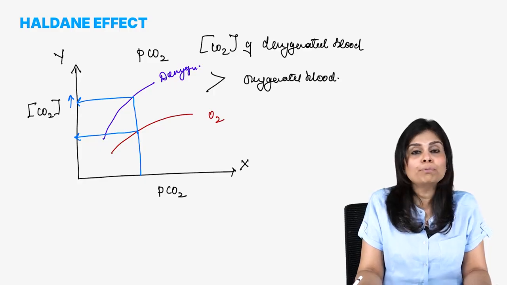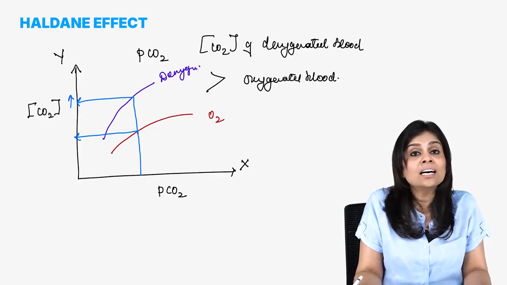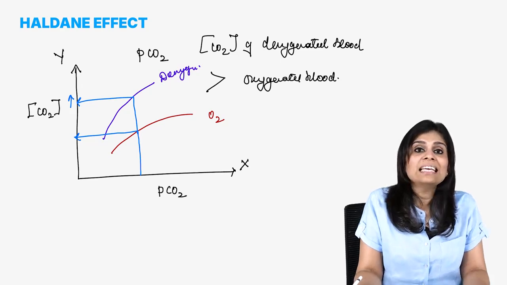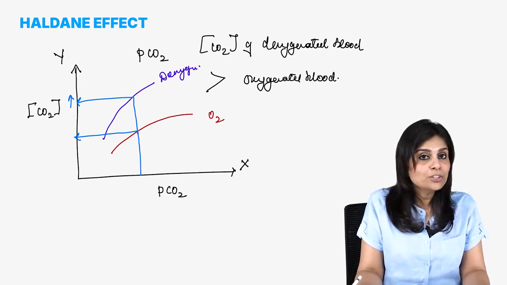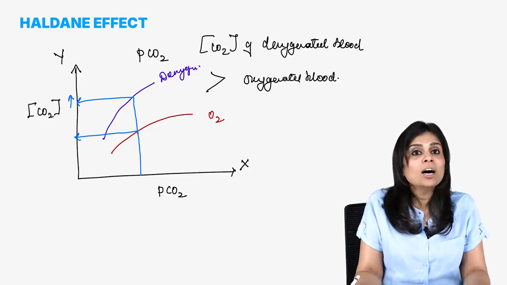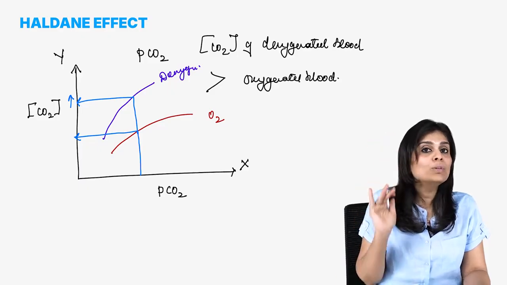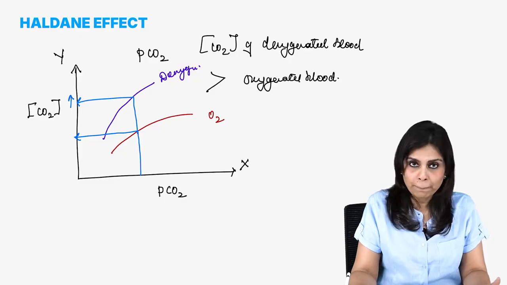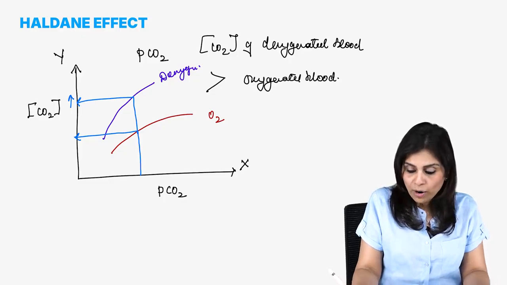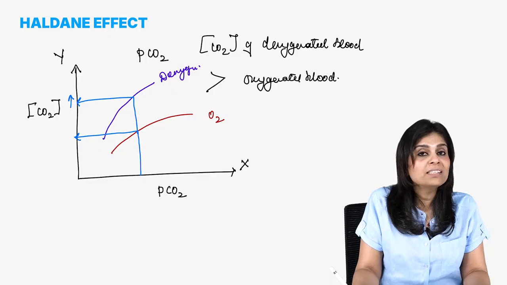Haldane effect is reciprocal binding of oxygen and carbon dioxide. What does Ganong state? At the same partial pressure of carbon dioxide, the content of deoxygenated blood is more than that of oxygenated blood. Okay, so that's about what happens at the tissue side and what happens at the lung side.